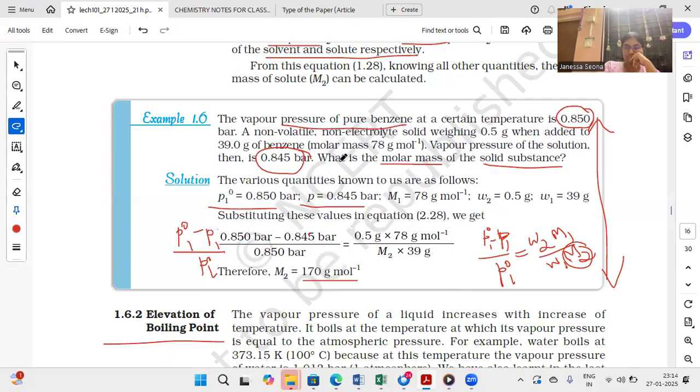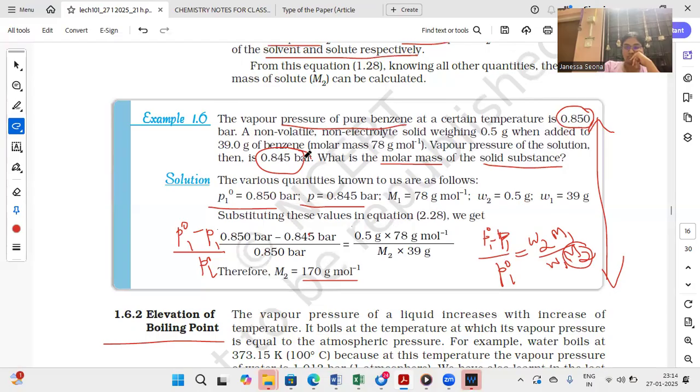What is W2? This is the weight of the solute, and the weight of the solute is 0.5 grams divided by the molecular weight of solute M2. It is not known; that we have to find. Multiplied by molecular weight of solvent.